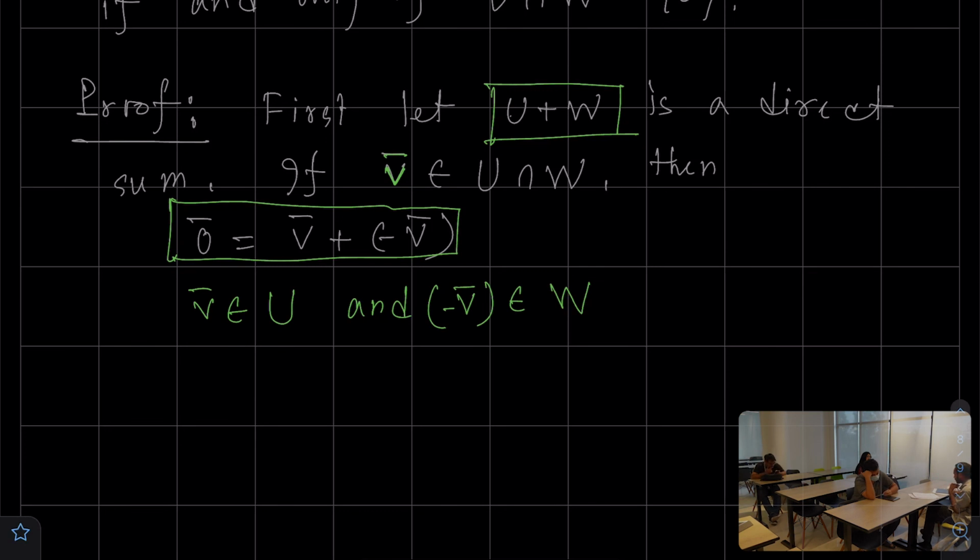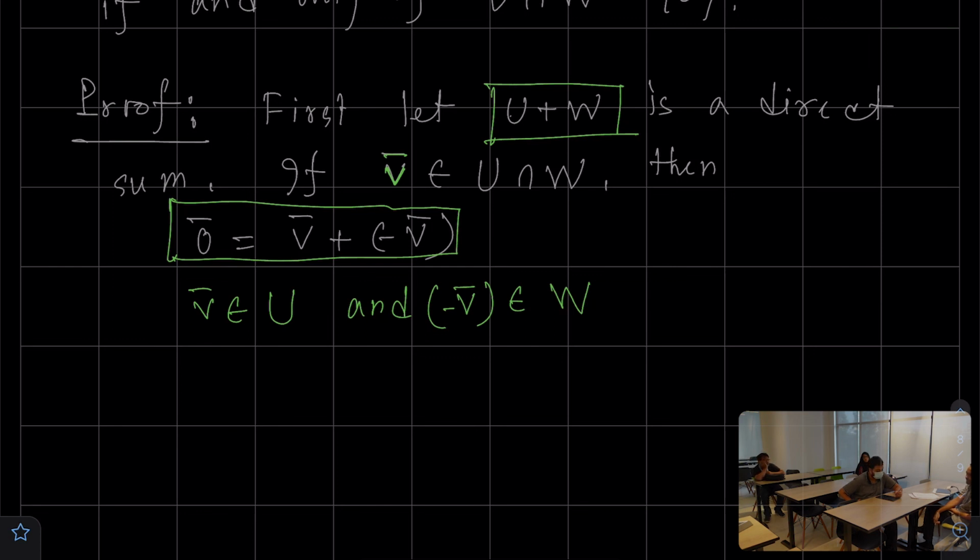So v vector belongs to U. How we show that v vector is in U and minus v vector is in W follows from the fact that v vector is taken to be in the intersection. So that's assumed, and from which it follows that v is in both the subspaces.